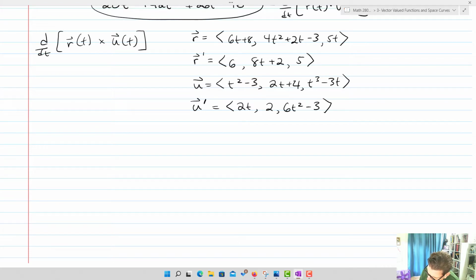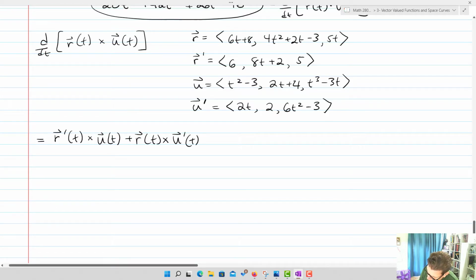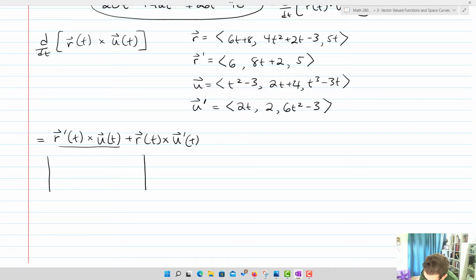The derivative of the cross product is thus going to equal r'(t) crossed with u(t) plus r(t) crossed with u'(t). So we'll start out, let's find this first piece right here. I've got i, j, k.